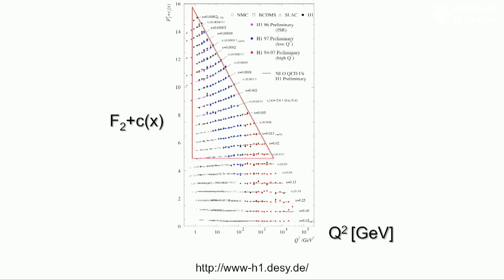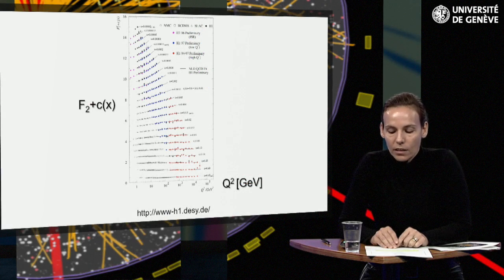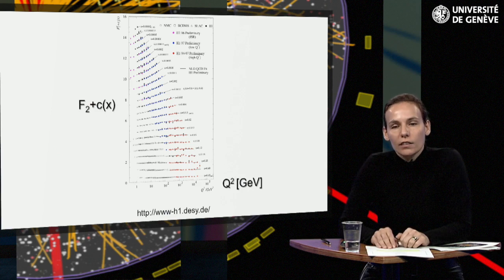At small x, so at small quark momenta, the structure function varies strongly with Q2 because of the contribution from virtual gluons enriching the quark contents. The smaller deviations at large x are more subtle. The coupling constant of strong interaction depends on the momentum transfer. It is not really a constant. We will come back to this astonishing fact in video 5.4.